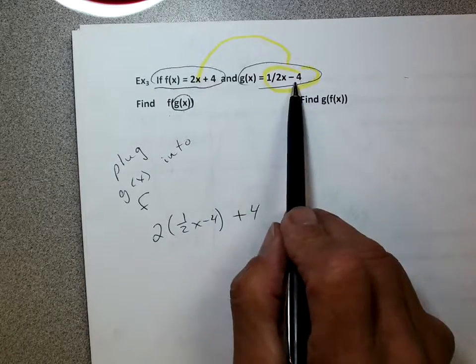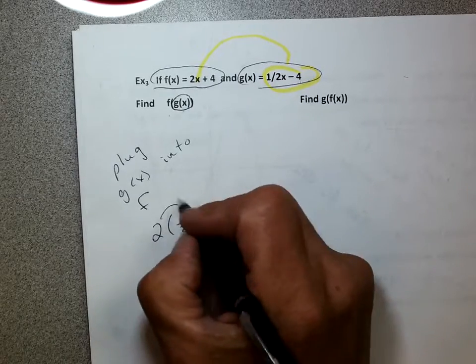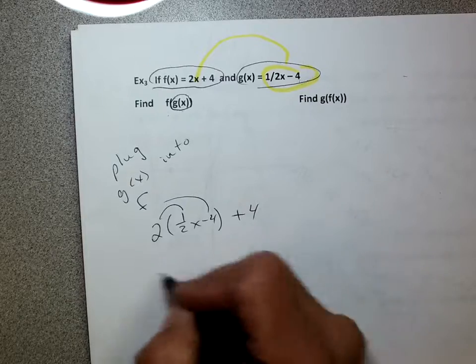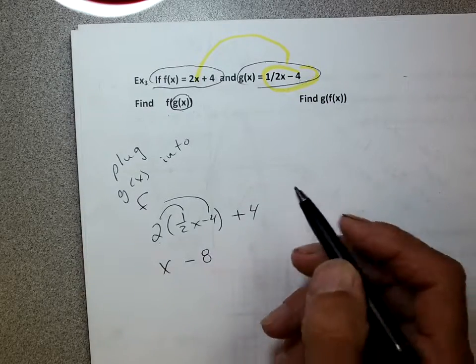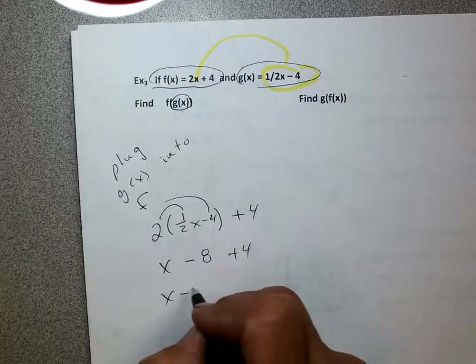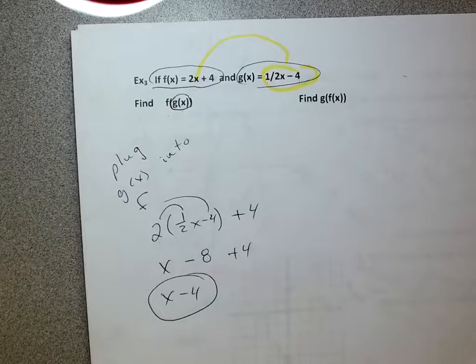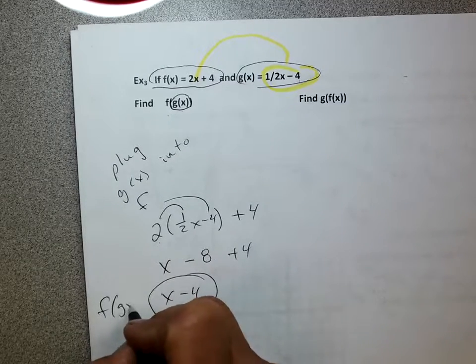Took the entire equation, all of g, and I put all of g into f, okay? So if I simplify this, I will have a 1x minus 8 plus 4, or I'd get an x minus 4, okay? So f of g of x is equal to that.